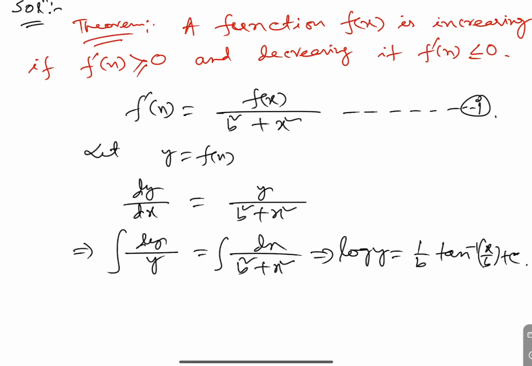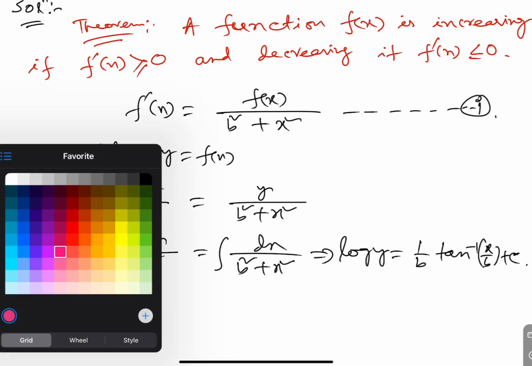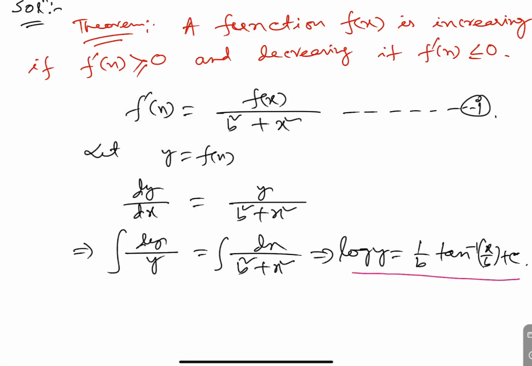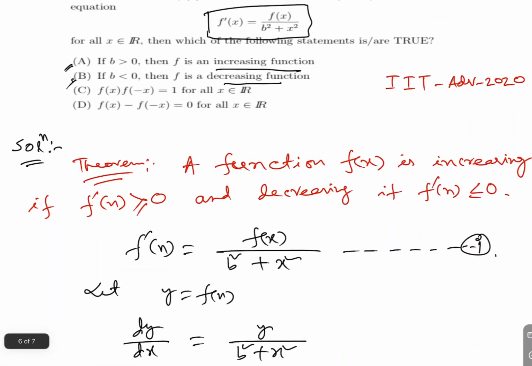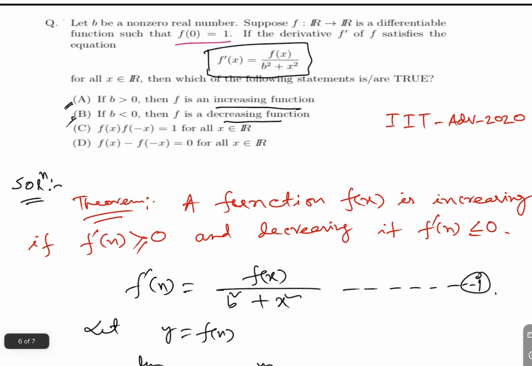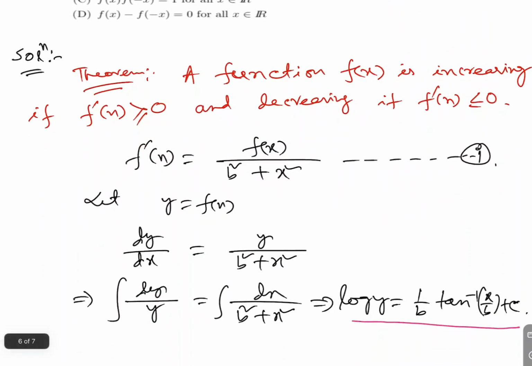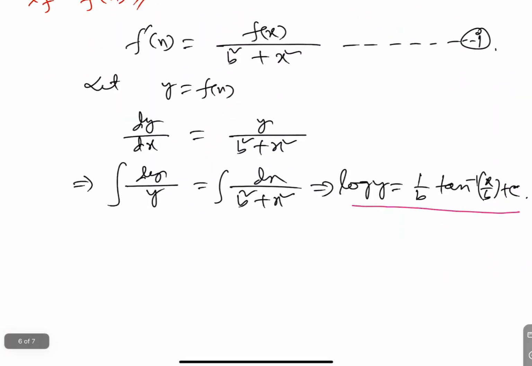So this is the solution of this problem, and there is a given condition that f(0) = 1. We will use this condition to find the value of the constant c. f(0) = 1 means at x = 0, y = 1. So just put these values here. Log 1 is 0 and tan⁻¹ 0 is 0, so obviously c is 0.